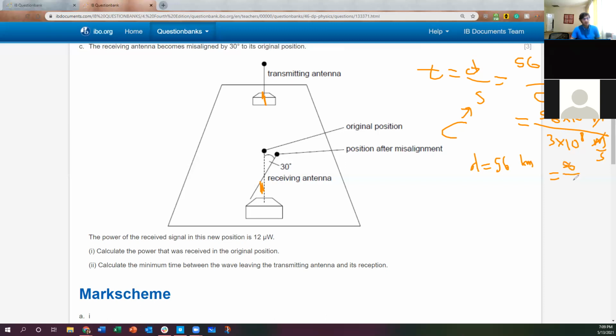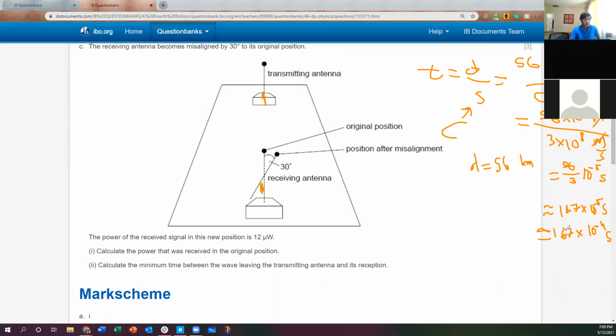56 over 3 times 10 to the negative 5 seconds. What is 56 over 3? I don't know. Let's plug that in. It's 18.7. So approximately 18.7 times 10 to the negative 5 seconds, which is the same as saying 1.87 times 10 to the negative 4 seconds, right?